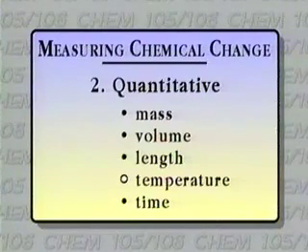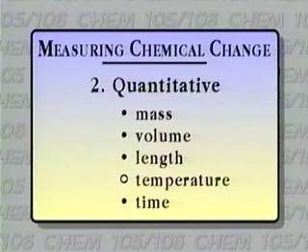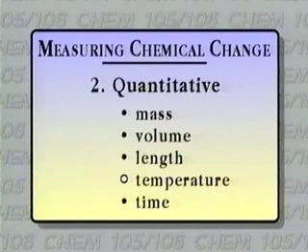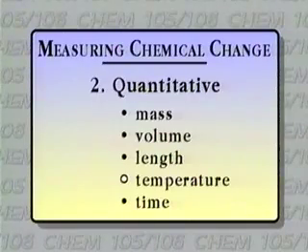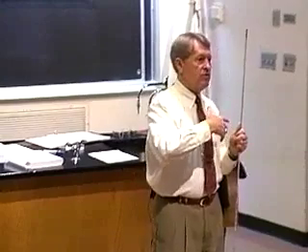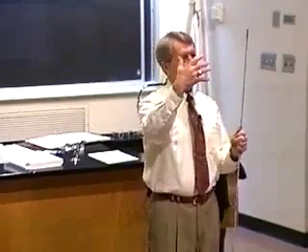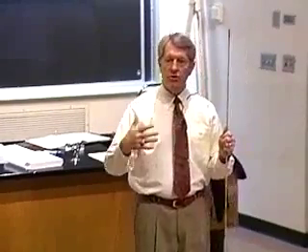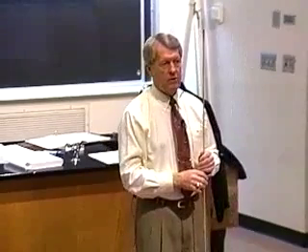Temperature, because as I indicated in a previous lecture, the change in matter, whether physical or chemical, always involves energy. And of course, one of the ways that we measure that energy is flowing out or energy is flowing in is to measure the temperature of a material.